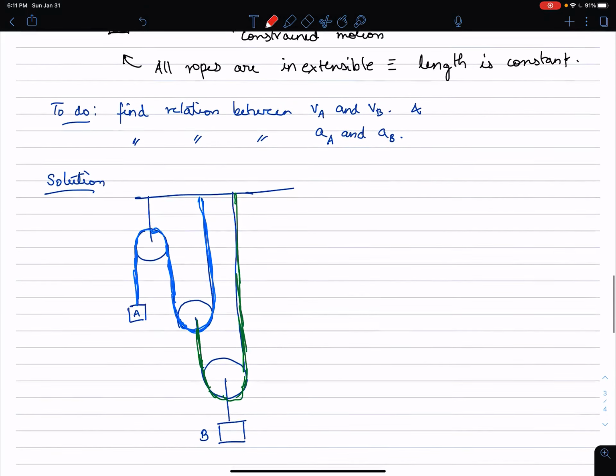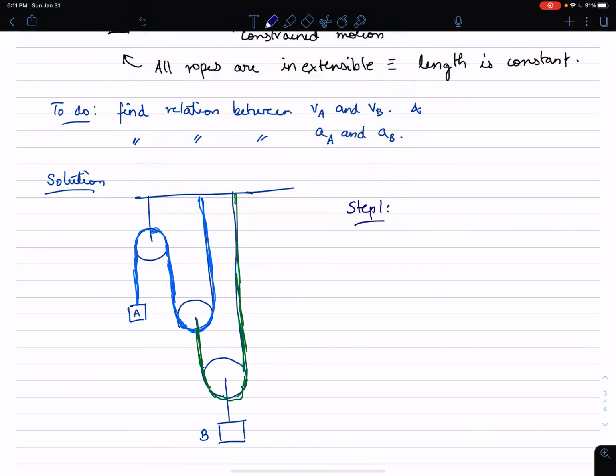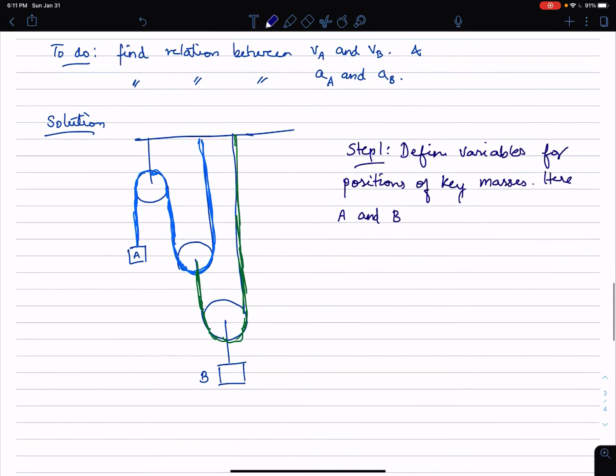Okay, the first thing to do, let me say step 1, is define variables for positions of key masses, in this case A and B. If there are more masses, you want to write them down.